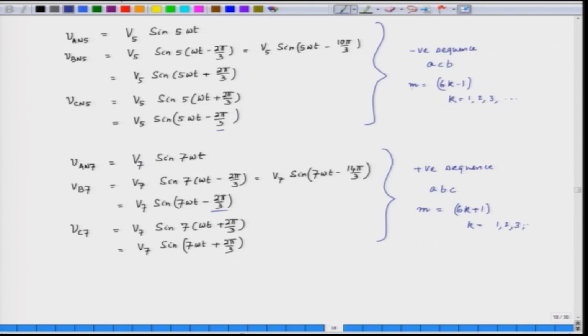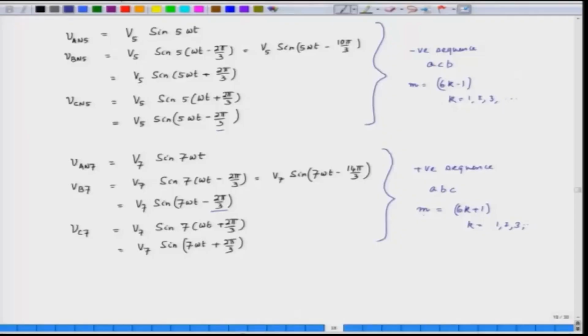If we have M equal to 6 k minus 1, we get the negative sequence components or the harmonics which produce the negative sequence field. If we have the order of the harmonic as 6 k plus 1, we get the positive sequence voltages. So, this is the order of harmonics.